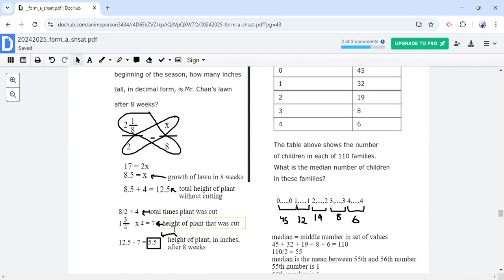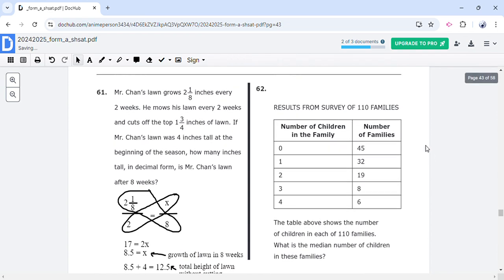And that's how much of the lawn was cut. So subtract 12.5 minus 7, and that gives you 5.5, which is the height of the lawn in inches after 8 weeks. Let me fix. I accidentally wrote plant. I'm sorry, guys. It should be lawn. Let's move on to the next problem.